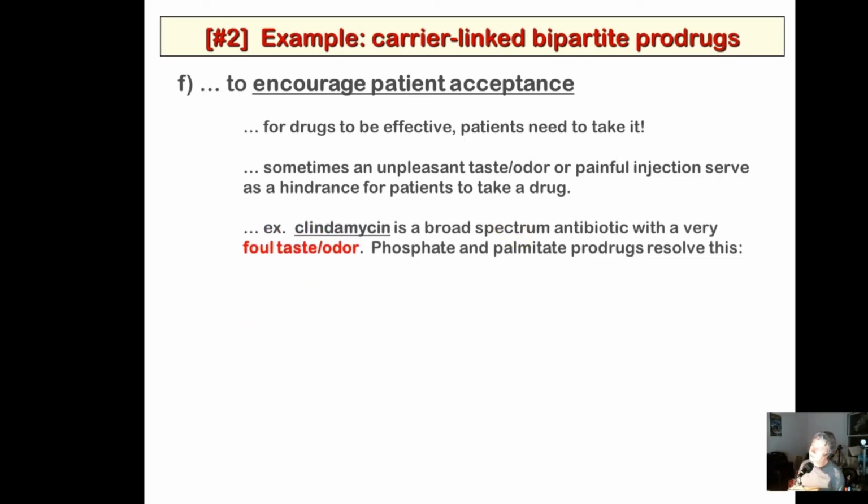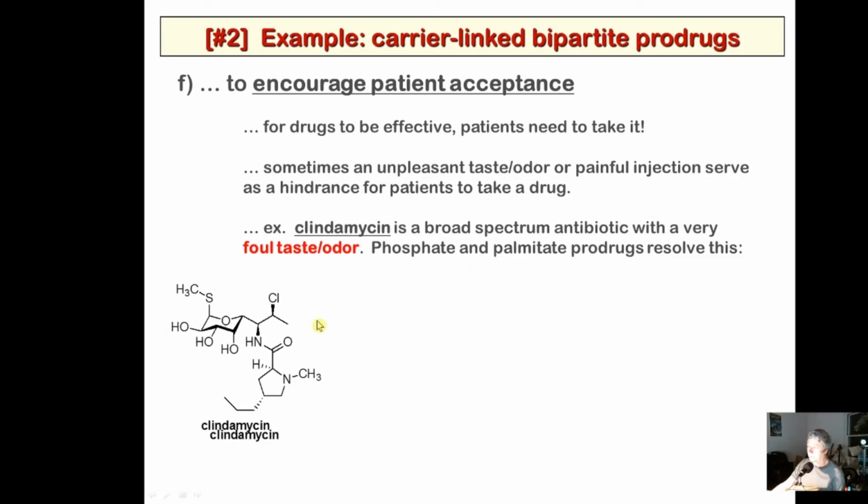Clindamycin is a broad spectrum antibiotic with a very nasty, bitter, chemical taste, and people don't like that. If you attach a phosphate or palmitate group, that resolves it. So here's the drug, and I think they would just attach it on one of these hydroxy groups, and that decreases the flavor issues.